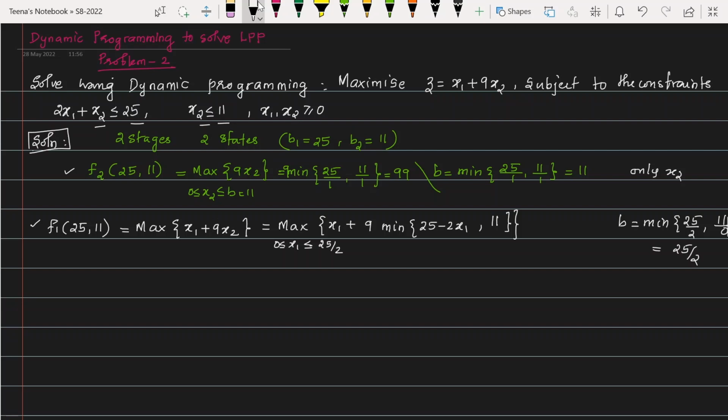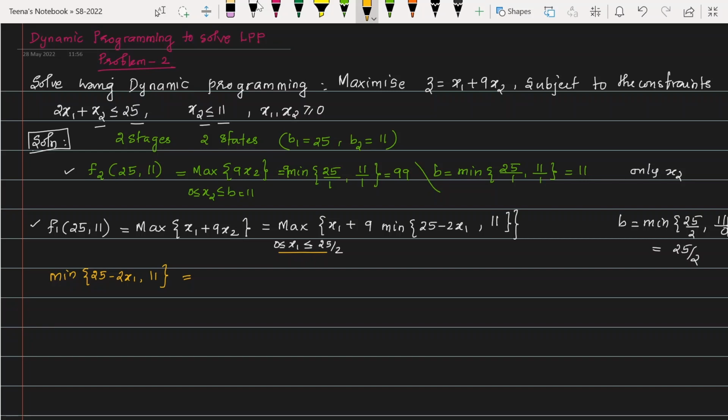Now let us try to find the minimum values. Let us find what the minimum of 25 minus 2x1 and 11 is. The range of x1 is from 0 to 25 by 2.